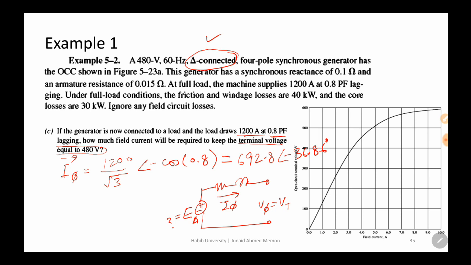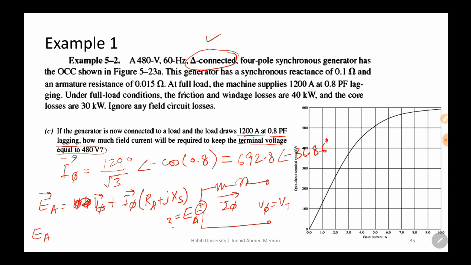So if we apply KVL, then EA would be equal to, let me write the expression first, VT or V phase plus I phase in phasor form times RA plus jXS. So this will be our open circuit voltage.